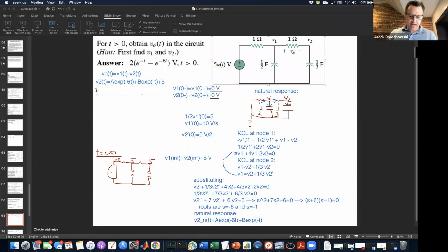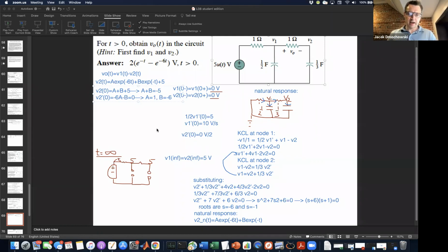I get my A and B by plugging in t is equal to 0. So V2 of 0 is A plus B plus 5, which means that A plus B is equal to minus 5. And V2 prime at 0, which is equal to negative 6A minus B, has to equal 0. And so when I solve these two equations simultaneously, I get that A is equal to 1 and B is equal to negative 6.